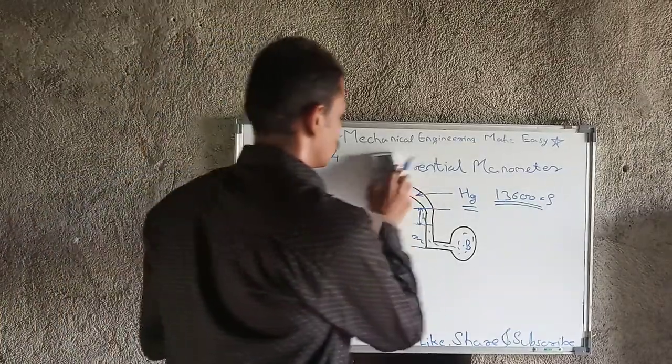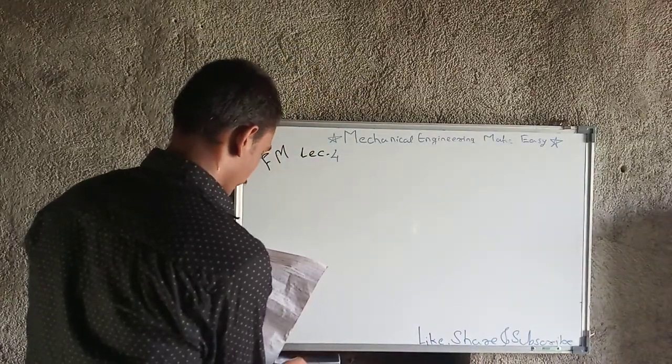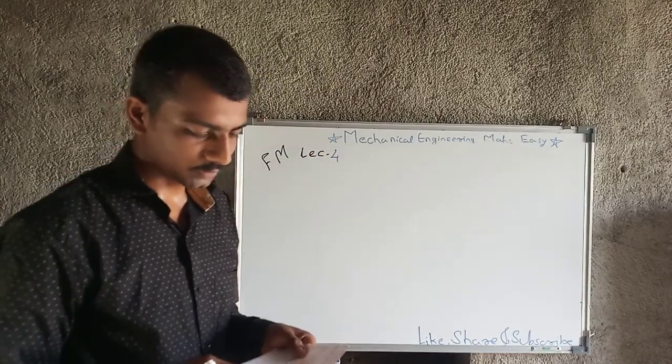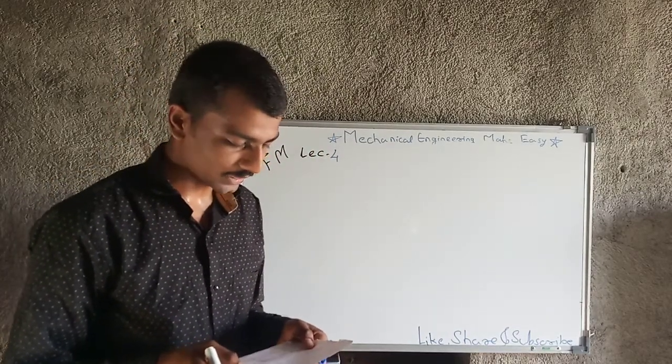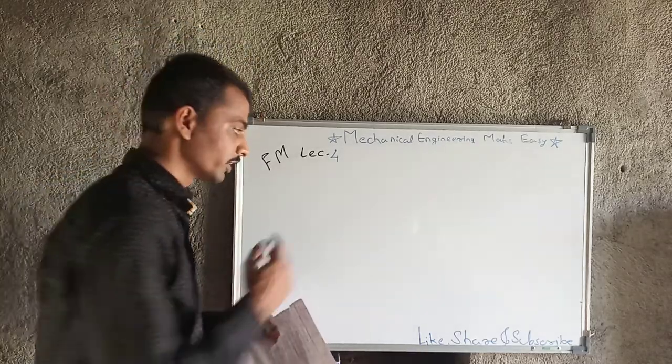Okay, so the next topic, total pressure. Total pressure is nothing but the force exerted by a static fluid on the surface in contact with the fluid, and it is always perpendicular.